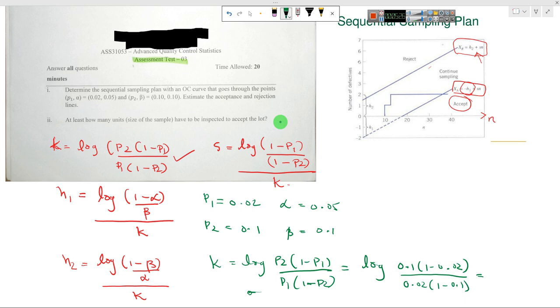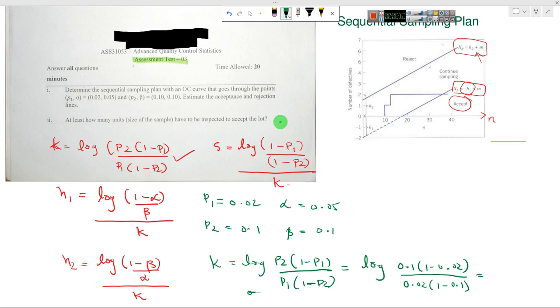You may also try along with me. Log of 0.1 into 1 minus 0.02 divided by 0.02 into 1 minus 0.1, equal, and it gives me the answer.